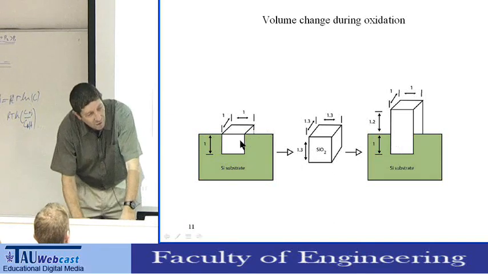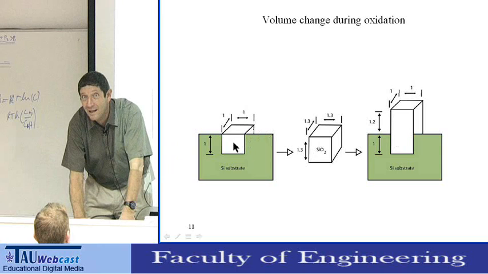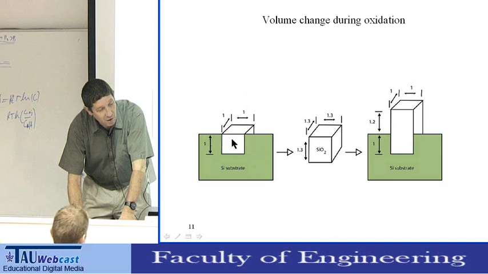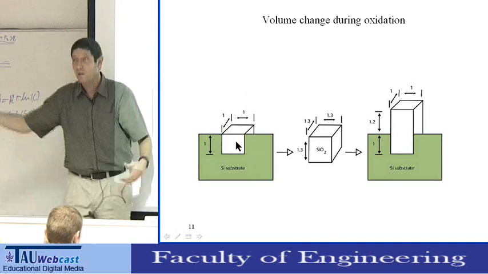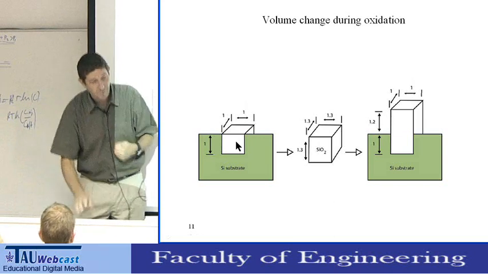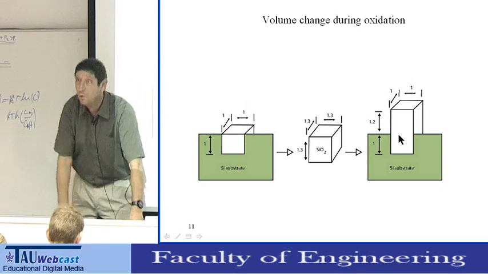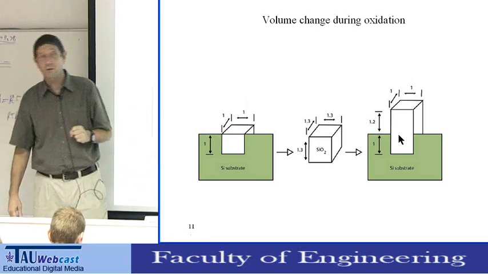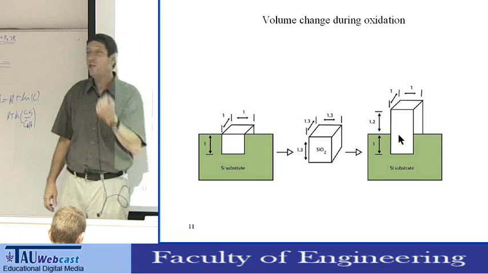So the stress here is compressive, or a negative stress. Every layer, the neighbor pushes in this direction, and this pushes in this direction. But the push on every layer is compressive. Every layer is compressed from the sides. So this is very important to remember. When you oxidize silicon, you generate silicon dioxide, but you also generate stress.